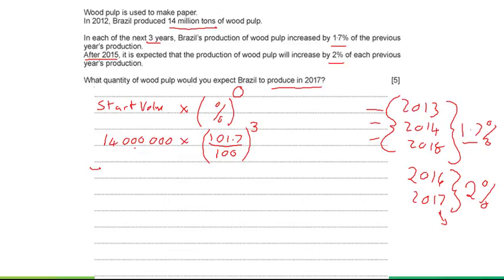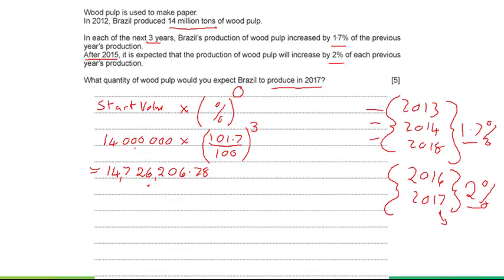We plug those numbers into the calculator. The answer we get out is 14,726,206.78. So that's 14,726,206.78 tonnes.